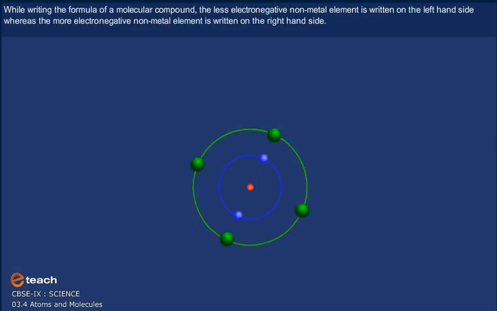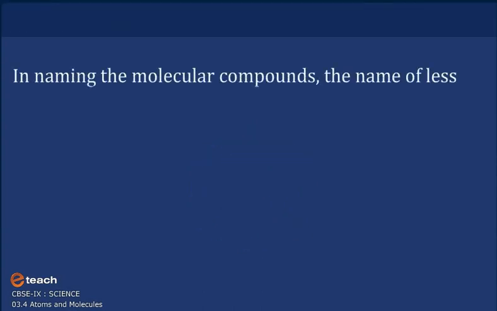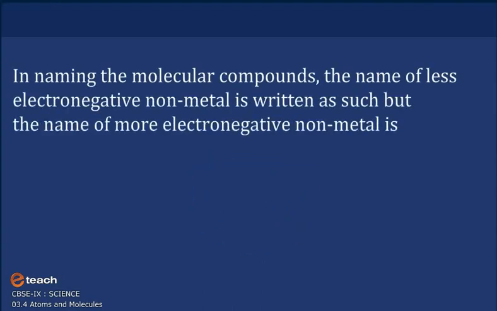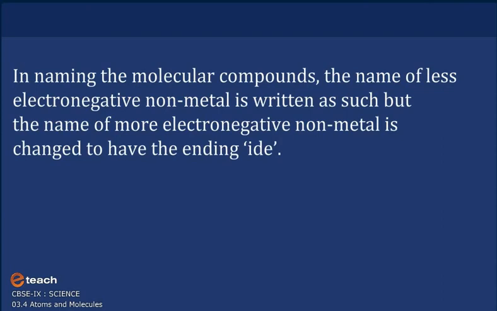While writing the formula of a molecular compound, the less electronegative non-metal element is written on the left-hand side, whereas the more electronegative non-metal element is written on the right-hand side. In naming molecular compounds, the name of the less electronegative non-metal is written as such, but the name of the more electronegative non-metal is changed to have the ending -ide.